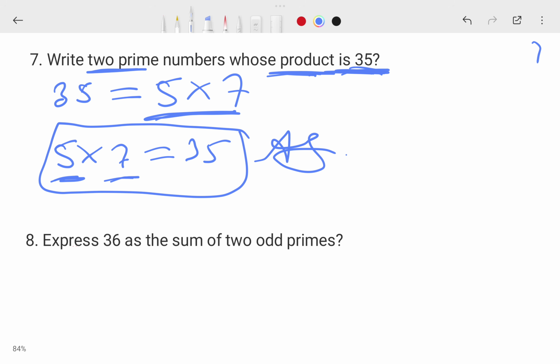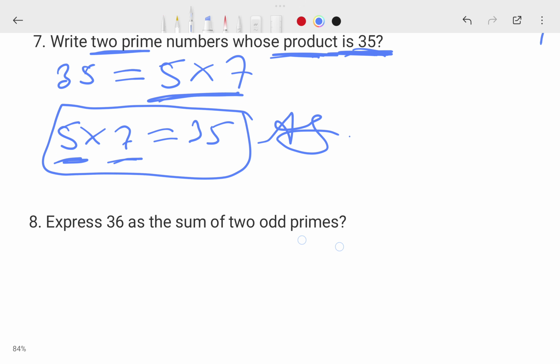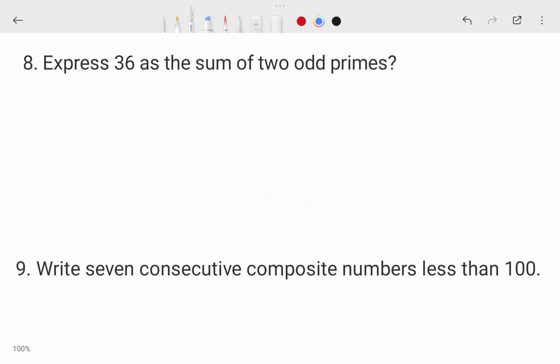Okay, is it clear to you? Right, so if it is clear, then let's talk about the eighth one. The eighth question is: express 36 as a sum of two odd prime numbers. Do you know what is generally meant by odd prime numbers? Odd prime numbers means we have to take odd numbers.